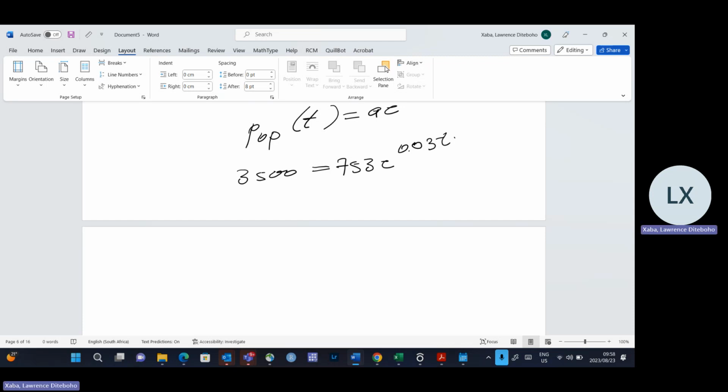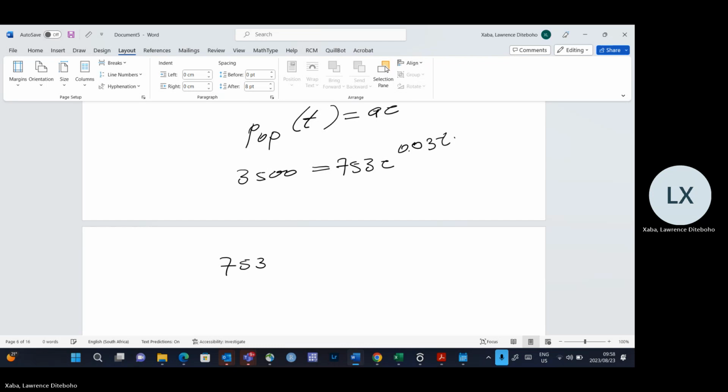So what do we do now? We say, okay, let's divide both sides by 753. And when we do that, I'll just swap our function, but still the same.